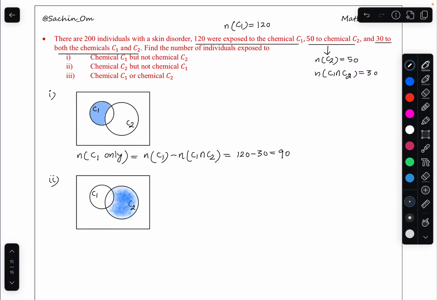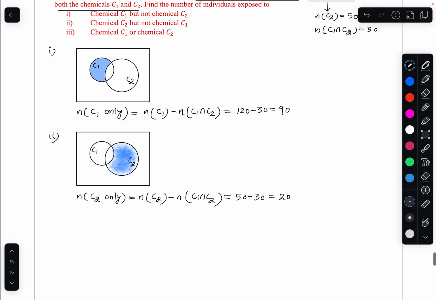Just like the last one, to get the number of people who are exposed to C2 only would be the number of people from the whole of the set minus the number of people in the common region, which is 50 minus 30. The answer is 20 here.